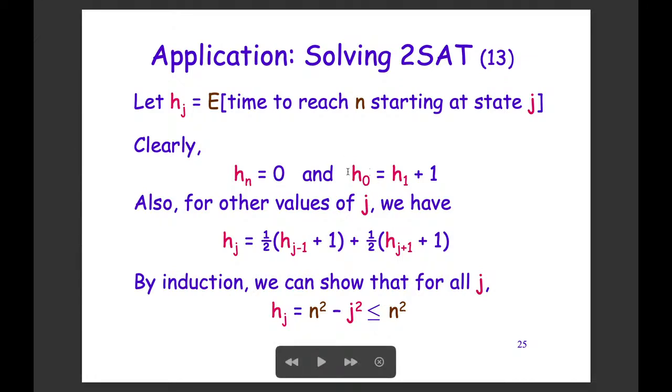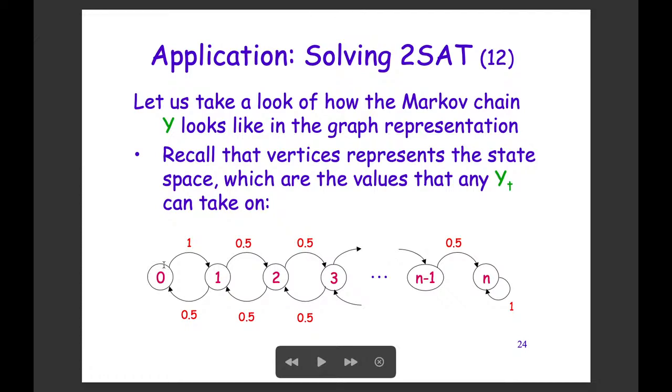And for h of 0, we know that no matter what happens, it must be equal to 1 plus h of 1. It is because if we are at this state, no matter what happens, the next step we must go to state 1. So we must spend one time unit or one step to go to state 1, and whatever happens there, we will reach n afterwards.